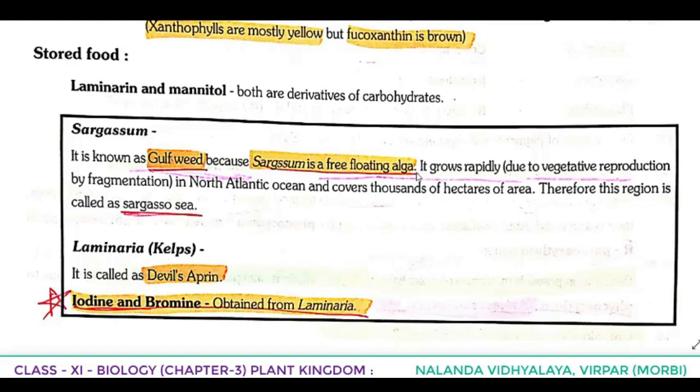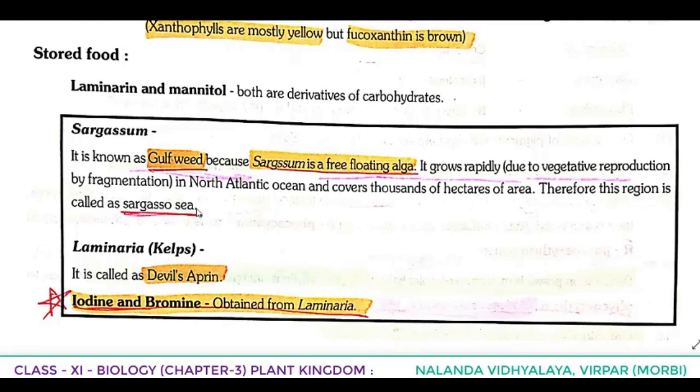It grows rapidly due to vegetative reproduction by fragmentation, because each fragment germinates as a new thallus. So that's why it grows very quickly in the North Atlantic Ocean and covers thousands of hectares of area. Therefore, this region is called the Sargasso Sea, because Sargassum is a free floating alga.